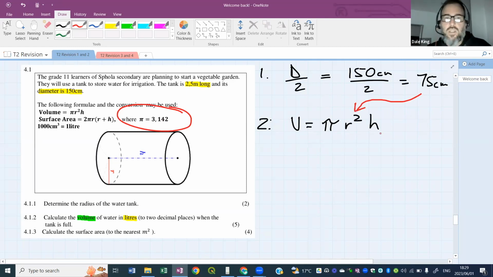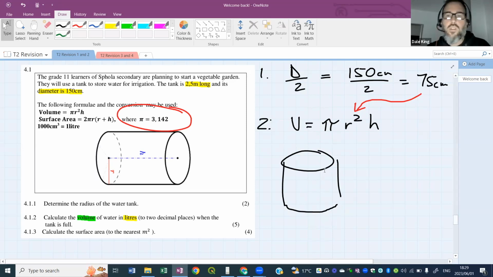The h is the height of the tank. Now this tank's lying on its side. And I love how they've displayed this, because often we are used to tanks standing straight up like this. My drawing is very bad tonight.